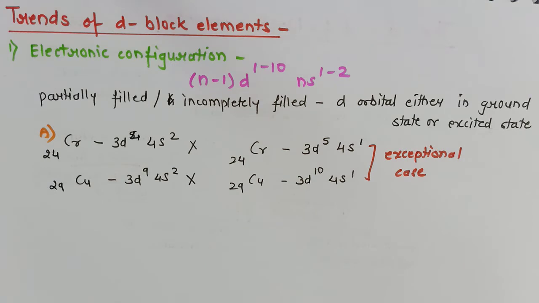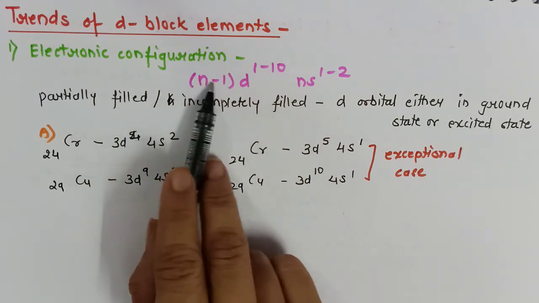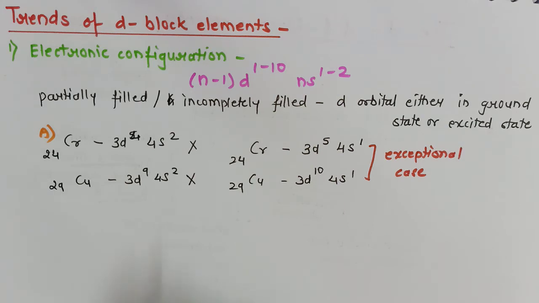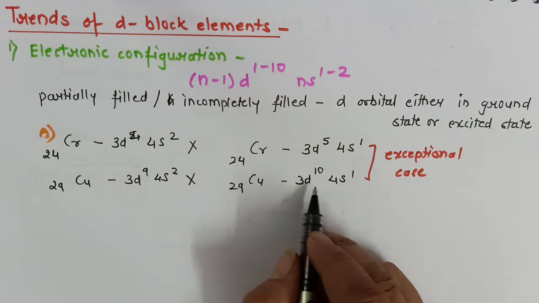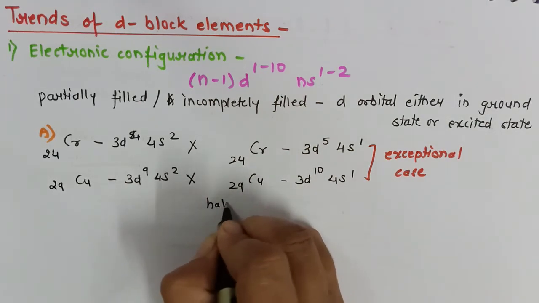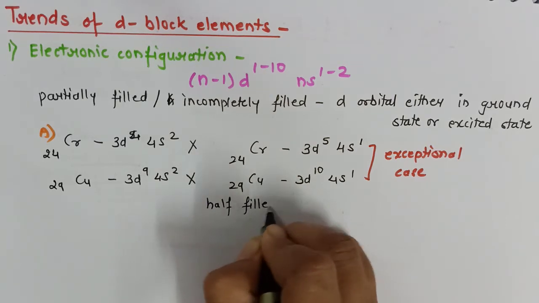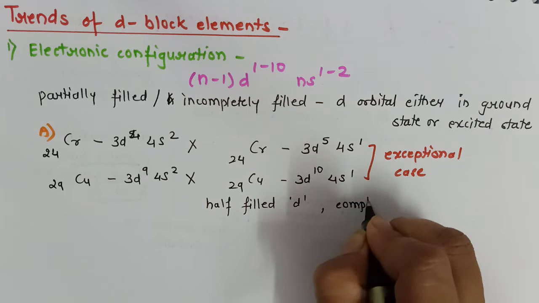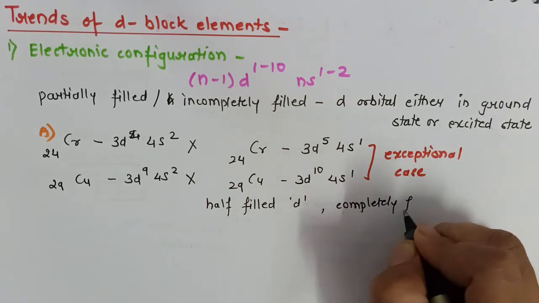Now, why do chromium and copper not follow the general electronic configuration and show the deviation from it? Look at the configuration. It shows half-filled d orbital and completely filled d orbital respectively.